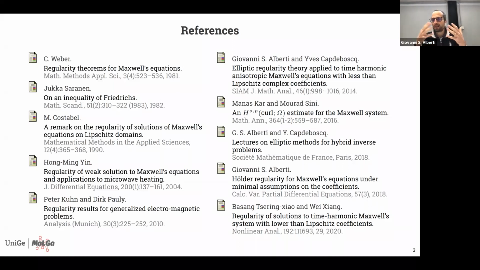You can find them here. I can share the PDF, no problem, but you will not see them again in the slides. Some of the recent results on this topic you can find in this book, which contains a general discussion, and some of the C0,alpha estimates are in this paper here.